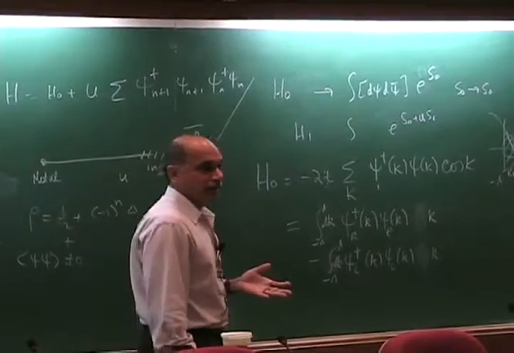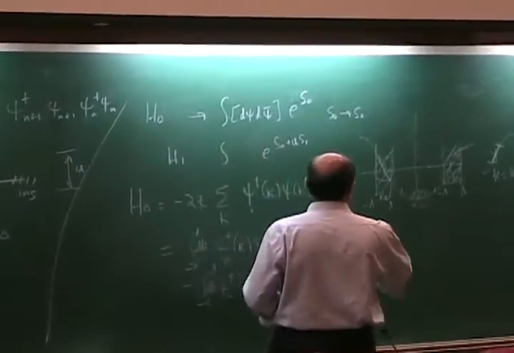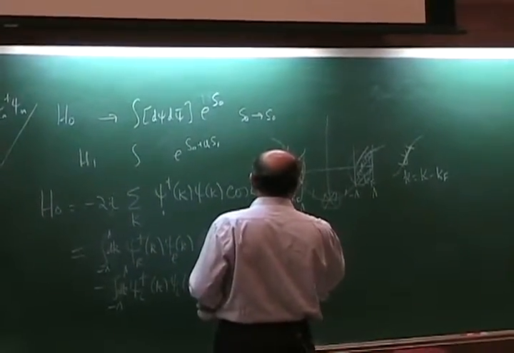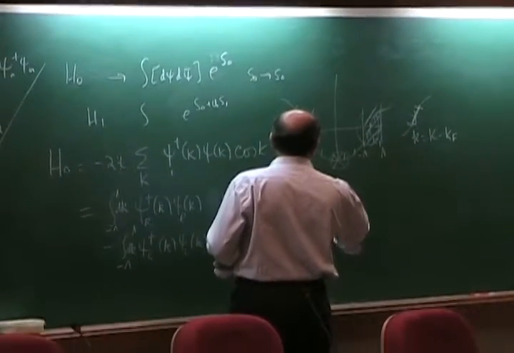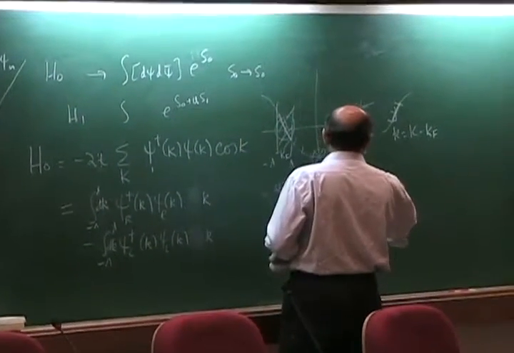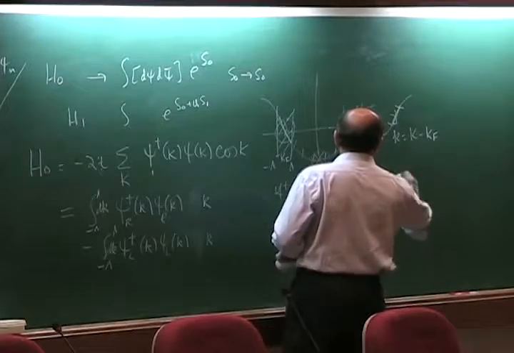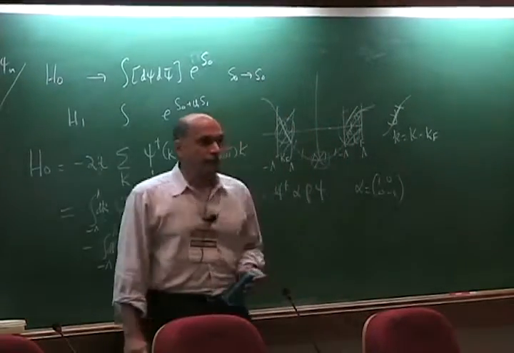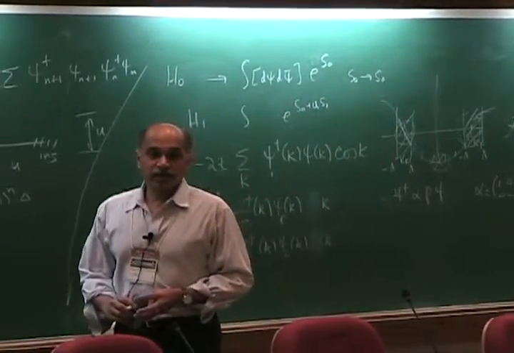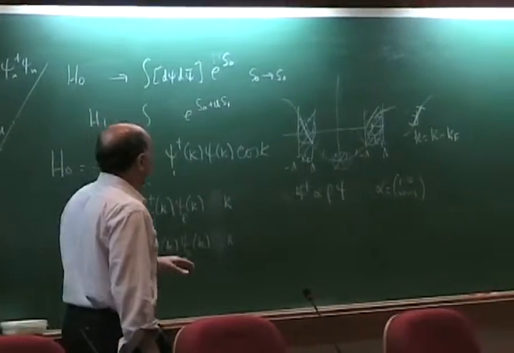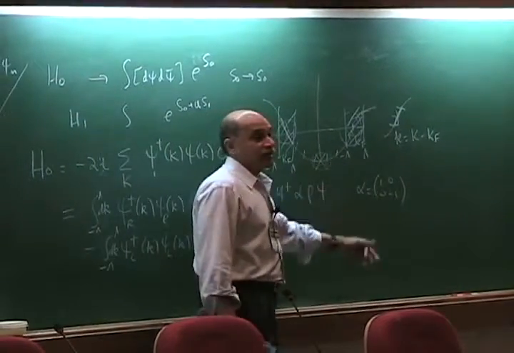If you look at the Dirac theory in one dimension, you know the Hamiltonian for Dirac fermions is what? Psi dagger alpha dot p times psi, but alpha you can choose to be this matrix. So you get a linear dispersion relation even though without any Fermi sea it's quadratic.